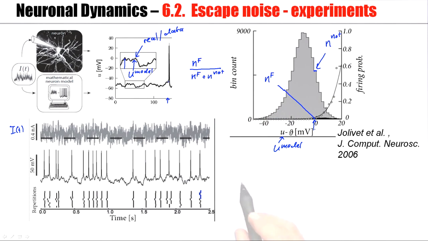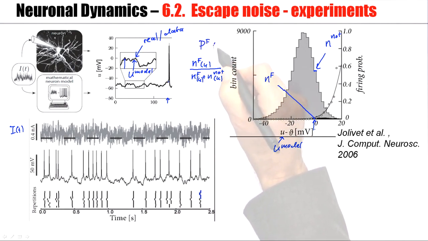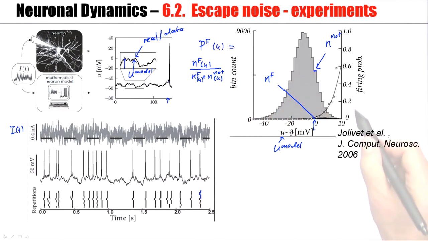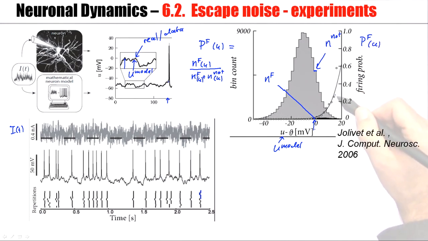If I do this for a fixed voltage u, then I find my firing probability for this voltage. The experimental firing probability, PF of u, are these data points.